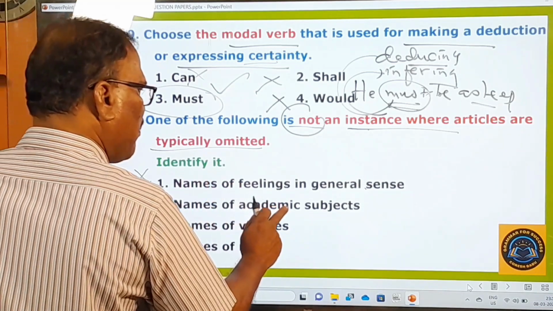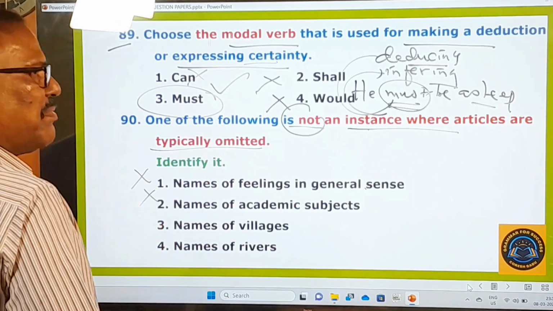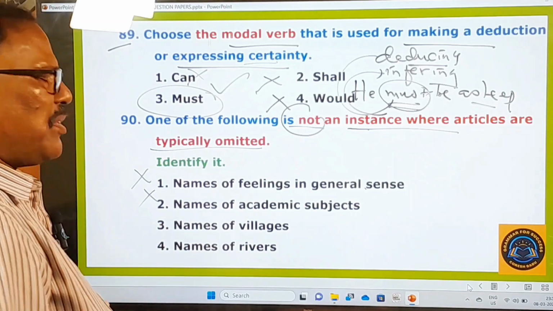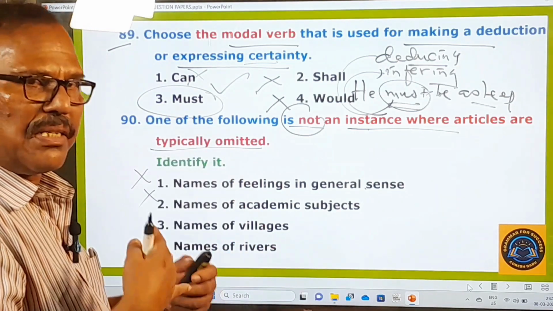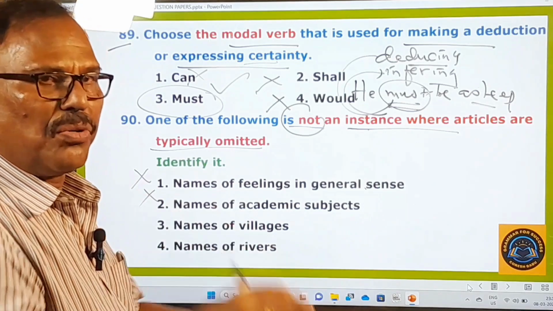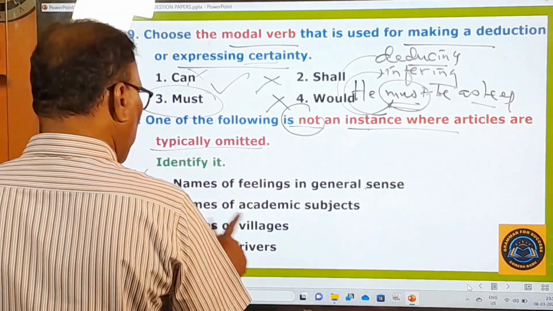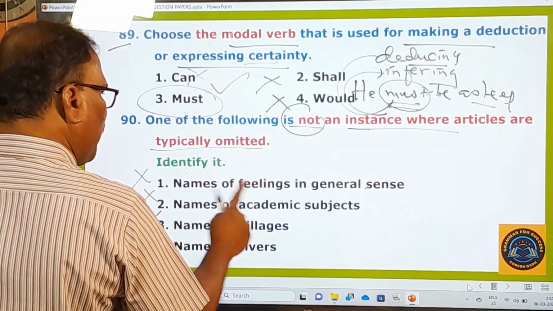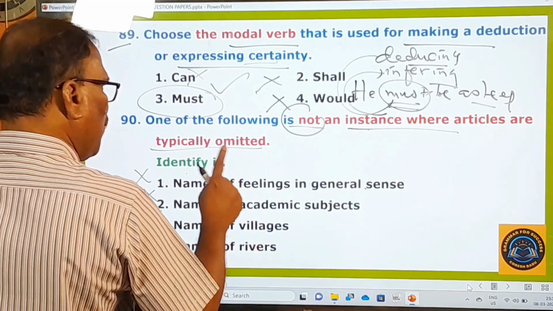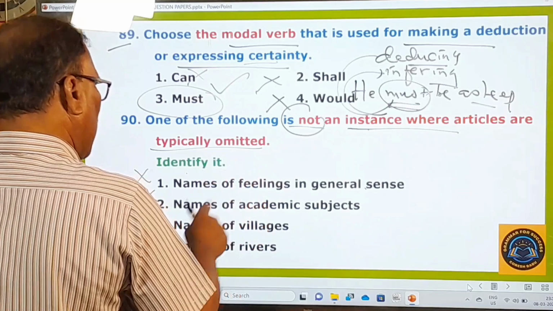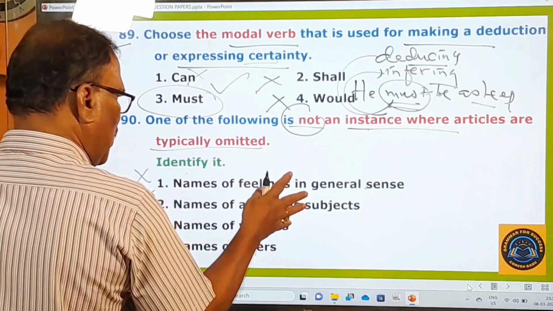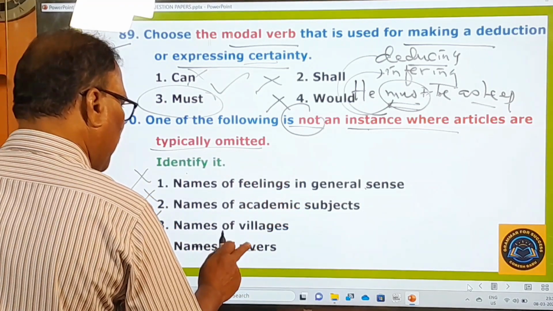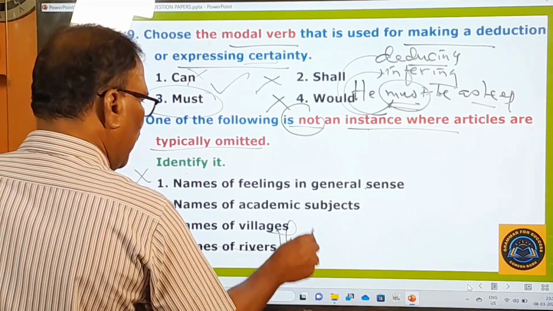Names of academic subjects, that means English, physics, chemistry, math. Before the names of subjects, sciences or languages, we don't use any article. Before names of villages, we don't use any article. So before the names of feelings, academic subjects, villages, the article is omitted, but only before the names of rivers, we use the.